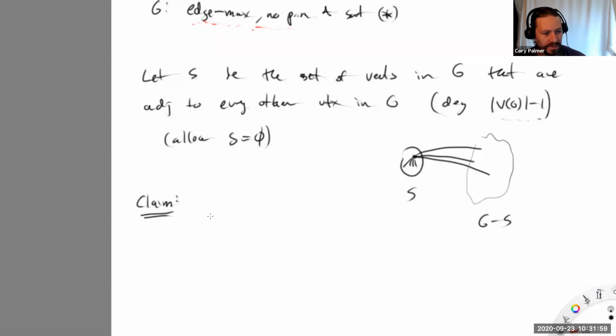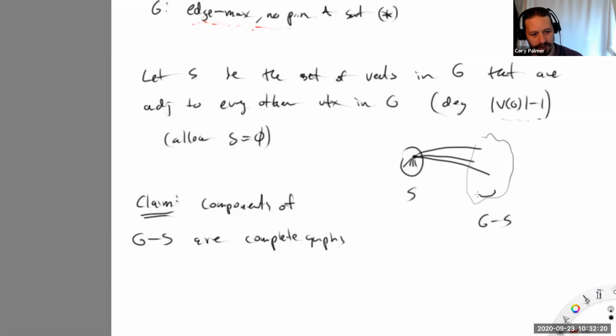that in this edge maximal graph, the structure of G minus S is very, very nice. So the claim is the components of G minus S, with this very specific S, this S that saw everything, are complete graphs. That's our claim. So every component over here, after removing this, is actually a complete graph, has every single edge possible in it.